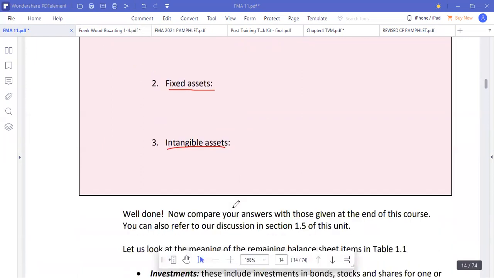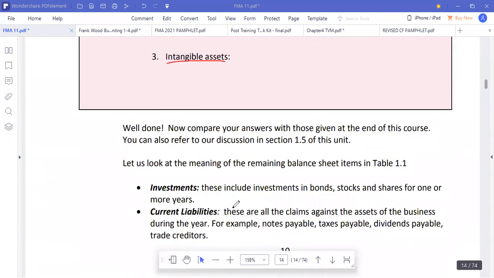Okay, great. So the current liabilities, these are claims against the assets of a business during the year. Examples are what? Notes payable, tax payable, dividends payable, and trade creditors. Investments include bonds, stocks, and shares.